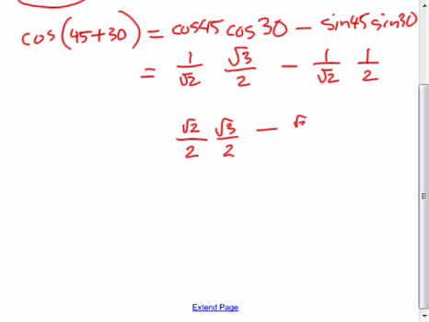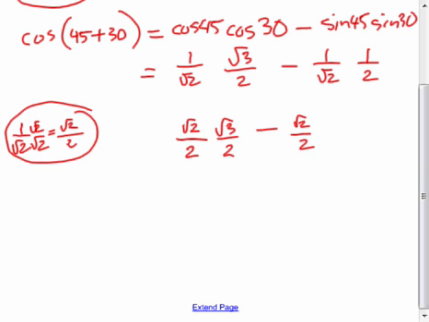Let's do the same thing with this one. This will be root 2 over 2. Let me just show you that over here. If I have 1 over root 2, I can multiply top and bottom by root 2, leaving me with a root 2 on the top, and on the bottom the square root of 4, which is 2. Okay, so that's just rationalizing the denominator. Times 1 over 2.